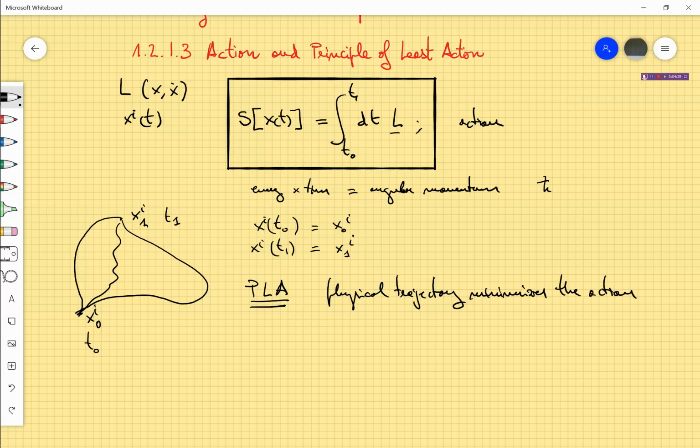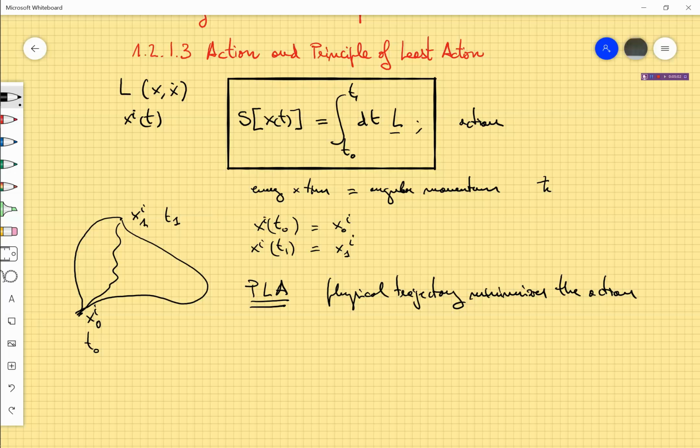Okay, so how can we check this? In this simple setting, we just have to see that the trajectory that minimizes the action satisfies the Euler-Lagrange equations of motion. In order to do this, we have to characterize how a physical trajectory minimizes the action.